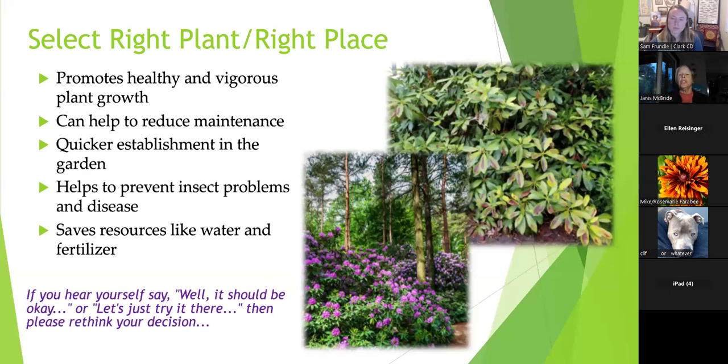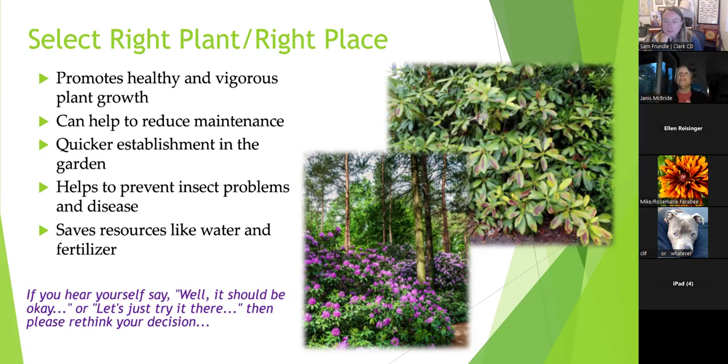So if you look in the lower picture, now I admit in the bottom one that's blooming and in the top one it's not blooming, but you can see in the top photograph, those leaves are sunburned. And that happens when it's in direct sun. Rhododendrons are not supposed to be in direct sun. So that's one example. Put your rhododendron where there's a bit of shade.